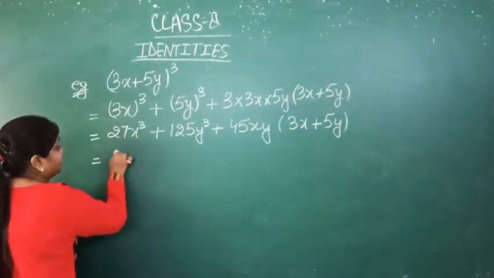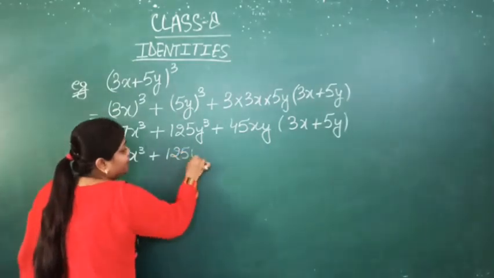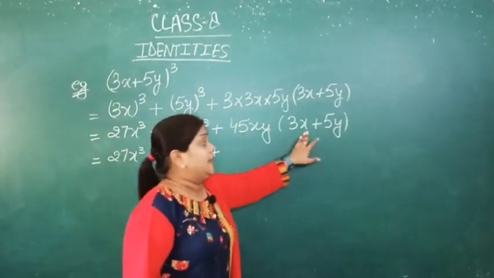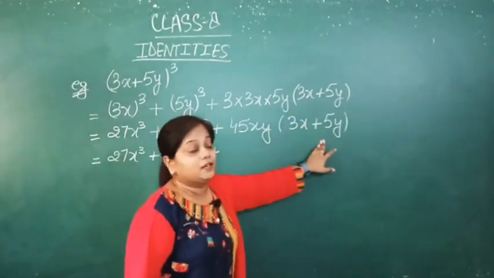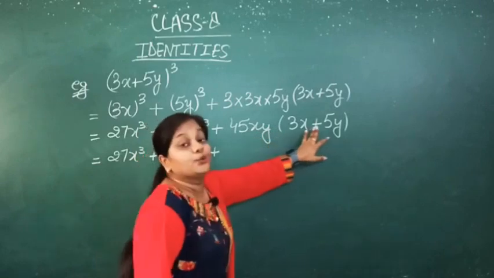Simplifying it, we can write it as 27x cube plus 125y cube plus 45xy will be multiplied to this whole bracket. 45xy into 3x.